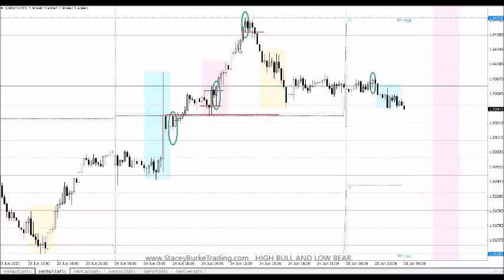Some traders would have already been in short heading into that prior to the US session 12 candle window because of the engulfment and the timings. That market dropped down 75, 100 pips before going into consolidation and then being spiked out.